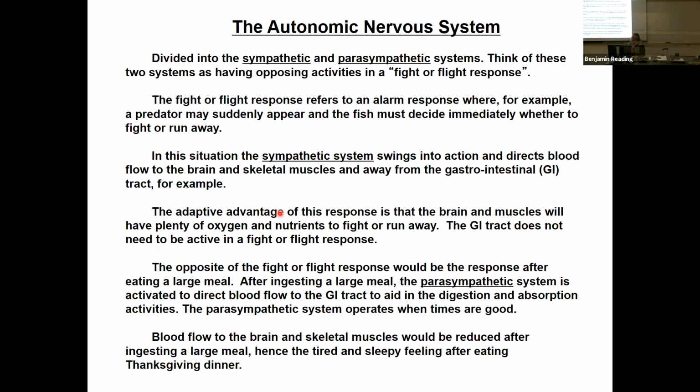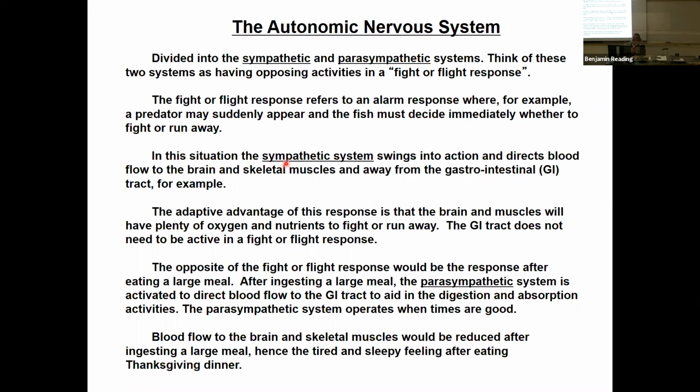What this response refers to is an alarm response where a predator, for instance, suddenly appears and the fish must decide immediately whether it needs to fight or run away. That's kind of funny. I'd say probably swim away, not run away, but this is how it's typed. Sorry.